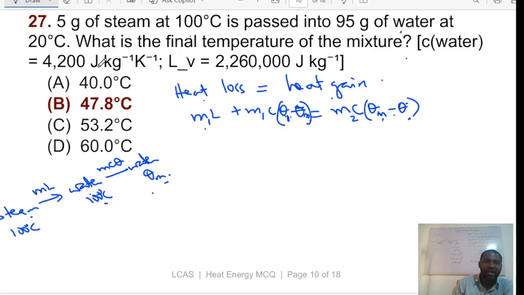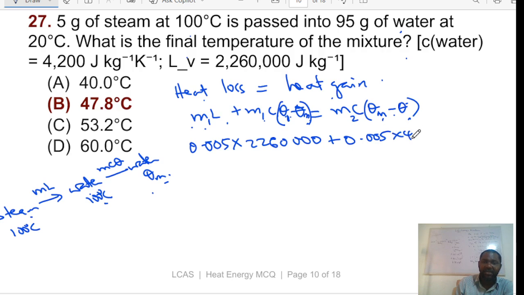Here the mass of the steam is 5 grams, so I'm going to convert it to kilograms, which is 0.005, times the latent heat, 226,000. Then plus the mass of water, which is still 0.005 because it has changed, the same thing.